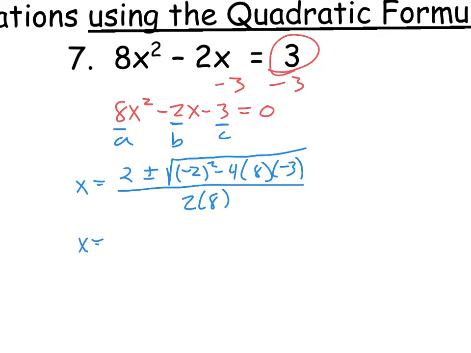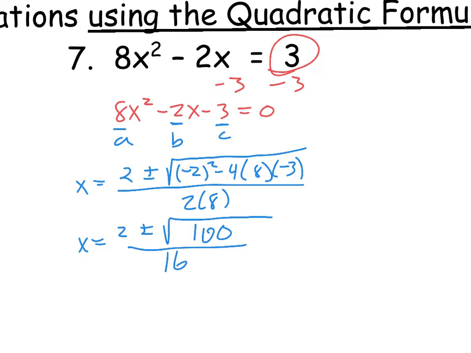So x equals 2 plus or minus square root of, well, what is that number? I know it's all over 2 times 8, which is 16. So negative 2 squared, make sure you put it in parentheses. Minus 4, parentheses 8, parentheses negative 3. And that is 100.